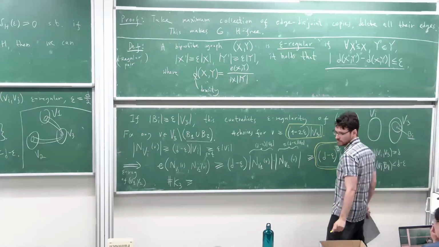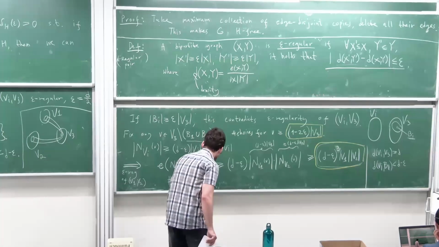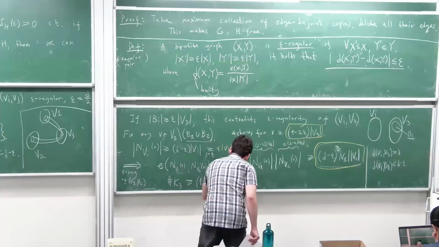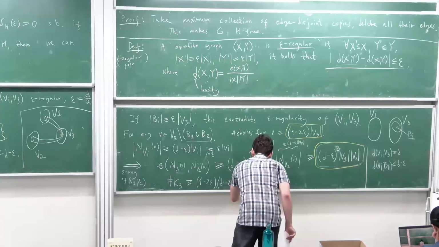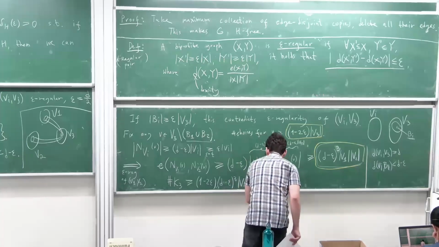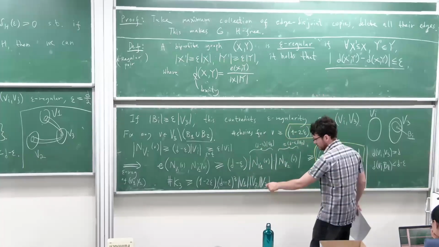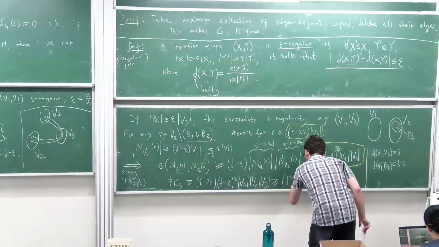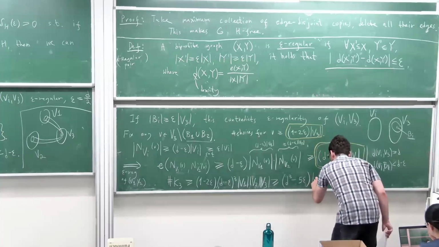So I'm going to get 1 minus 2 epsilon minus epsilon cubed times v1, v2, v3, and okay, so this is at least v cubed minus 5 epsilon, maybe not 4 but 5, times v1.